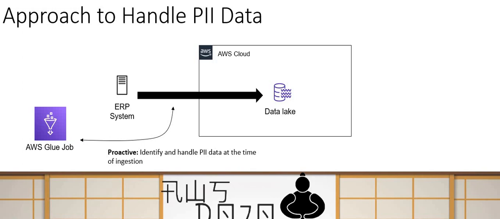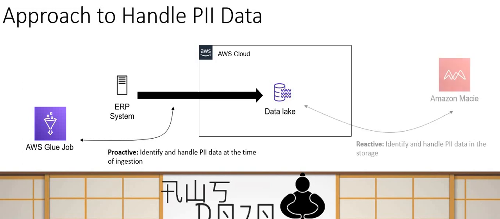For that, there are methods available in the AWS Glue job to control it, and I'm going to talk about that. The second approach is the reactive approach, where I say, okay, fine, my data comes to the data lake, and I don't check my data at that point of time, but I want to have a reactive scanning mechanism in place, which will identify the PII information in my storage and handle it.